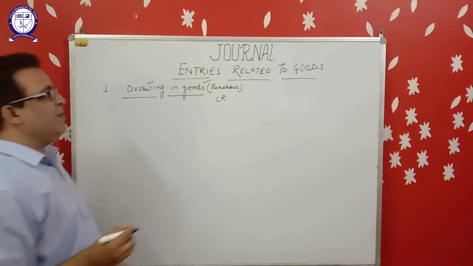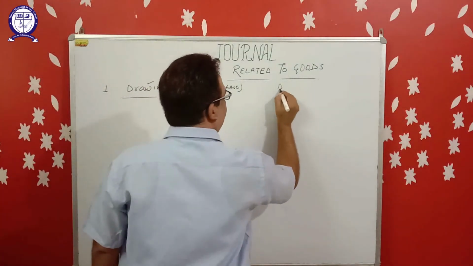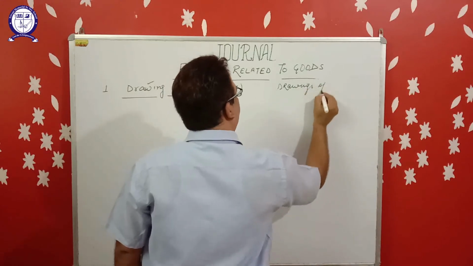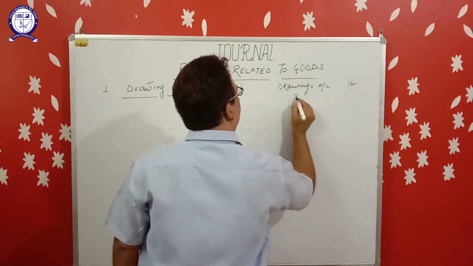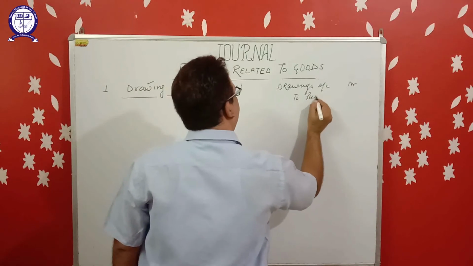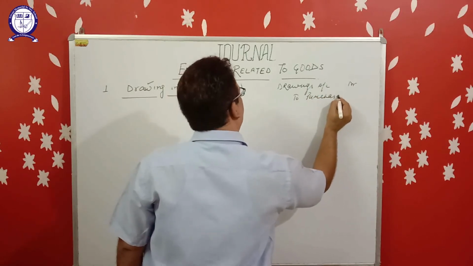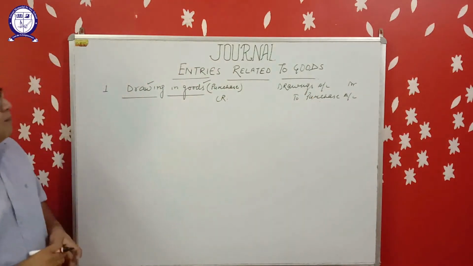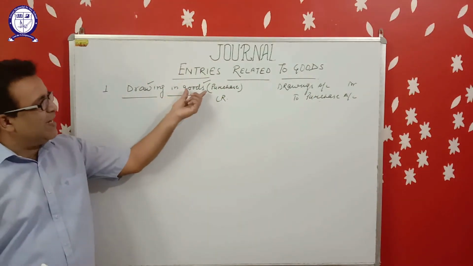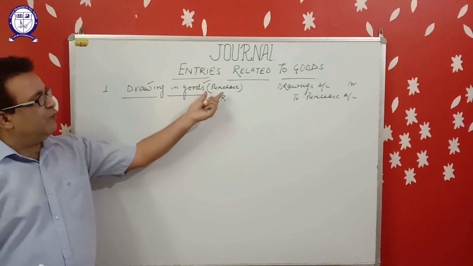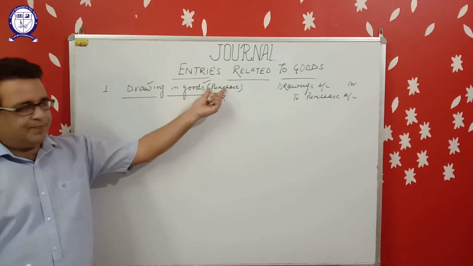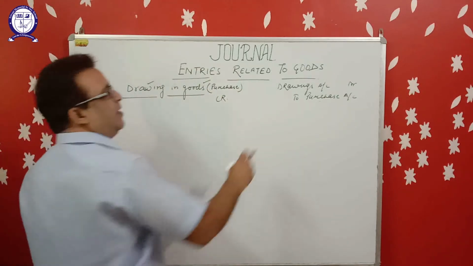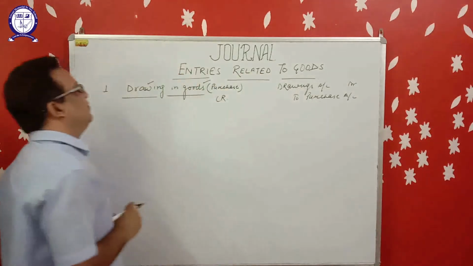So the journal entry will be drawing account debit to purchases account. Why is purchase account credited? Because the business expense which is purchased, it is reduced now. That's why this is credited.